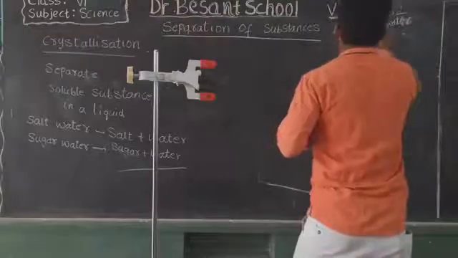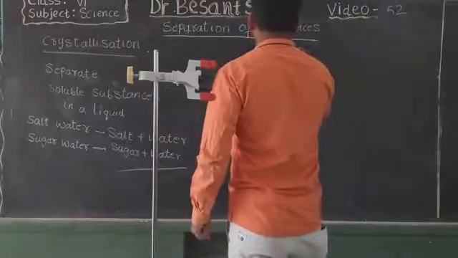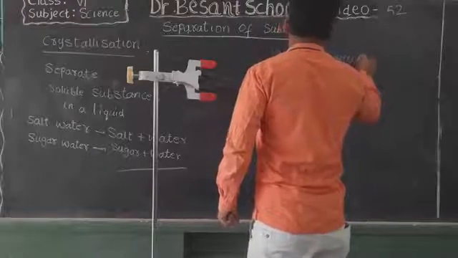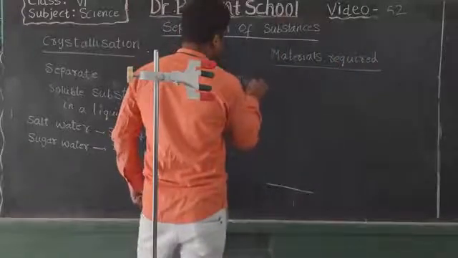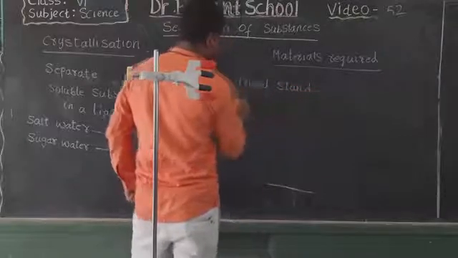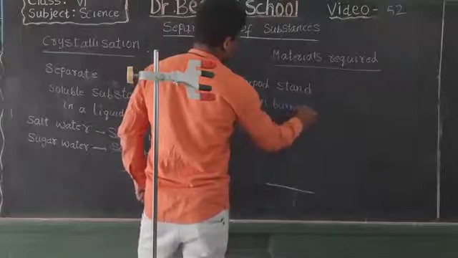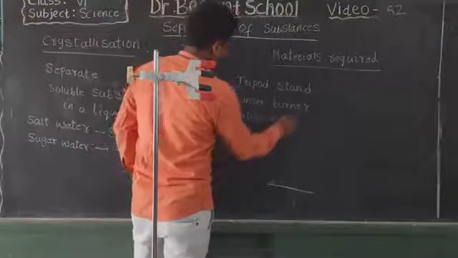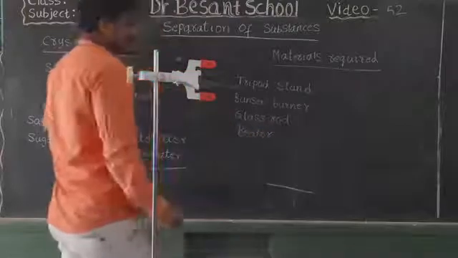The materials required for crystallization are: a tripod stand, Bunsen burner, glass rod, beaker, salt water.